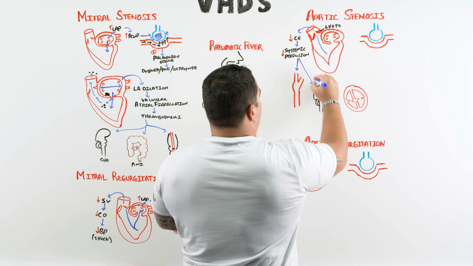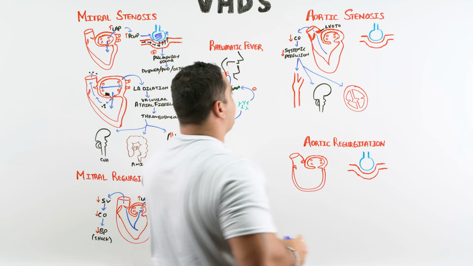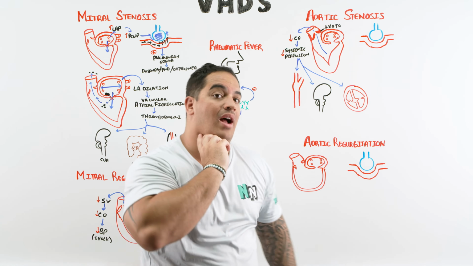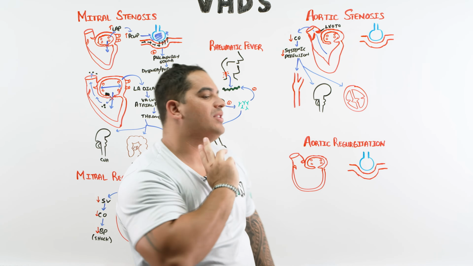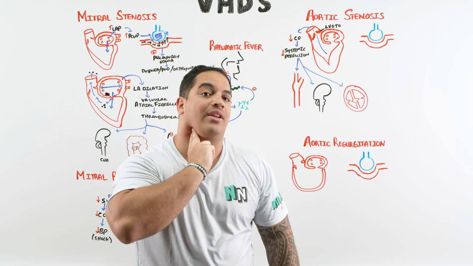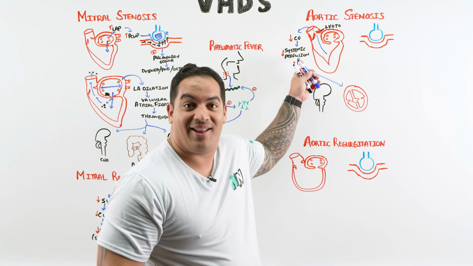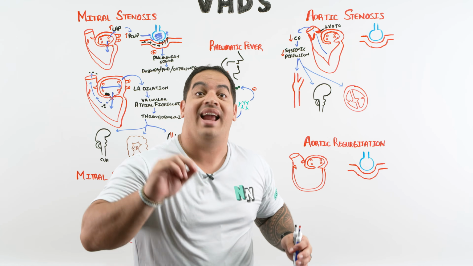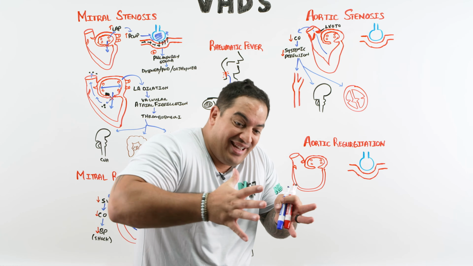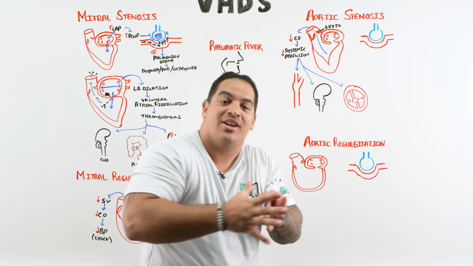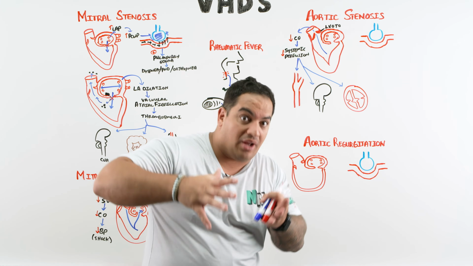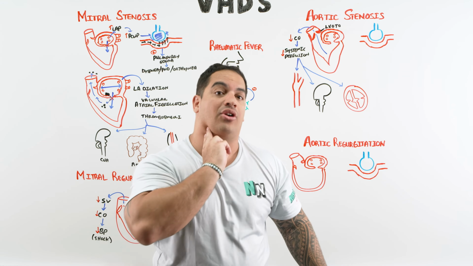Some of these are very interesting. First one here is the carotids. In a patient who has aortic stenosis, when you palpate their carotid during systole, it's very weak because it's hard for them to get blood out of the heart. And it's also delayed because the heart is really having to squeeze and squeeze and squeeze, so it takes a longer time for them to push out the appropriate volume of blood into the carotid.